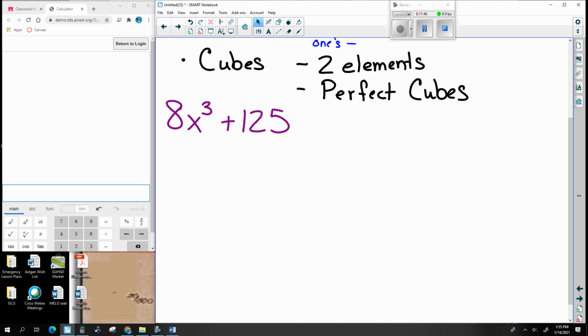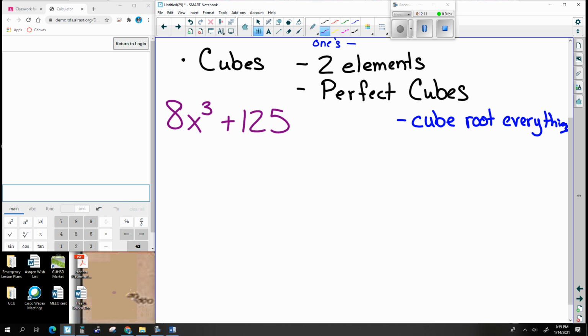There's two elements, and everything about it is a perfect cube. When you have perfect squares, you square root everything. When you have perfect cubes, you cube root everything. So that's step number 1. Get the idea. Cube root everything.